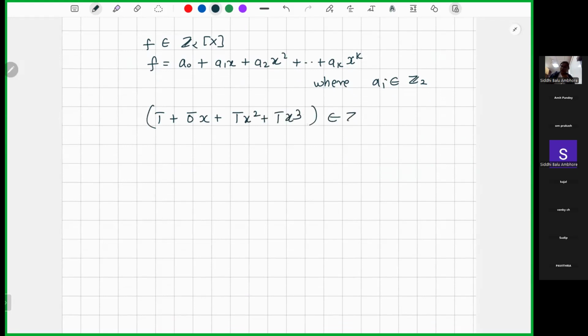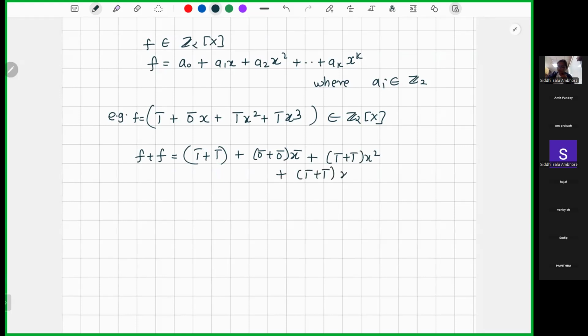This polynomial is in Z2[x], and this is just an example, okay? And when I add this, if I take my f to be this, then f plus f will be what? 1 bar plus 1 bar, and again, like polynomials, I will be adding component wise, the powers together. 1 bar plus 1 bar x square plus 1 bar plus 1 bar x cube.